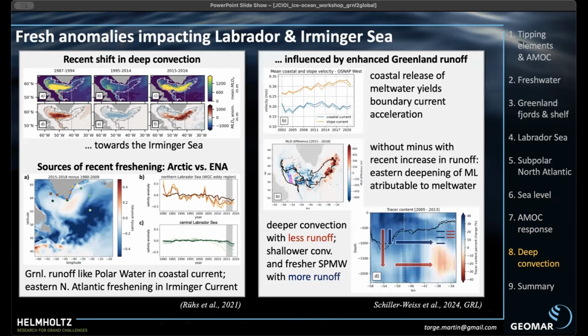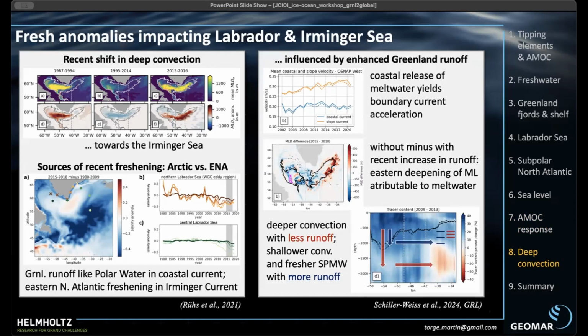And running two simulations, one basically with the observed increase in Greenland runoff and one with a climatologically continued runoff from the mid-20th century, we see that actually Greenland meltwater forced the boundary current to speed up a little. It's not much, but it's significant.